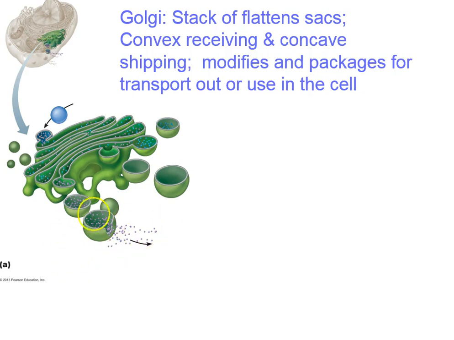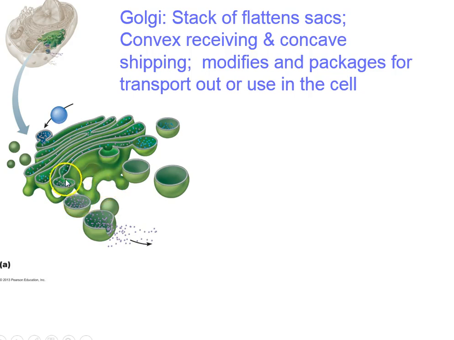Now, let's just say that one of these vesicles contained hydrolytic enzymes that are going to break down a substance. Then we would call this vesicle a lysosome. Let's say that this one down here contained chemicals that are going to process hydrogen peroxide. This would be called a peroxisome.